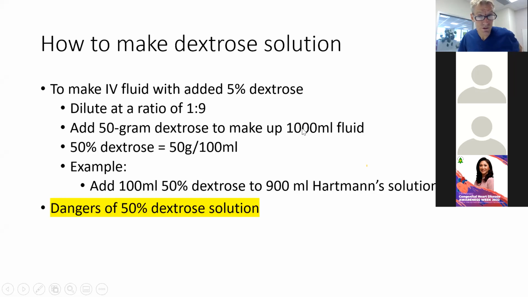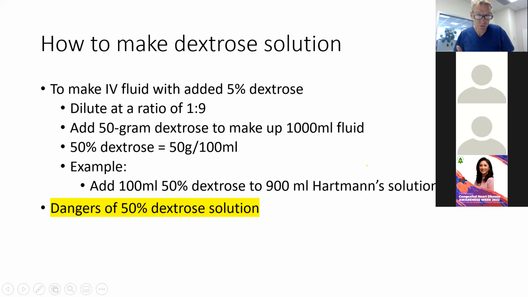Theoretically, you'd need to take out 100 mils from this 1,000 mil bag of Hartmann's solution, and then add 100 mils of 50% glucose to that, and then you've got Hartmann's solution plus 5% dextrose, okay? So 100 mils of 50% dextrose to 900 mils of Hartmann's solution.